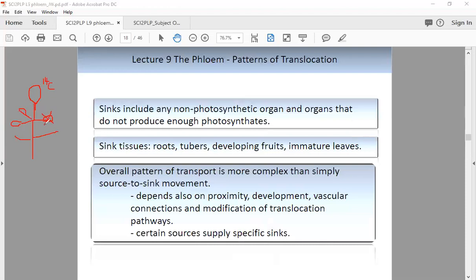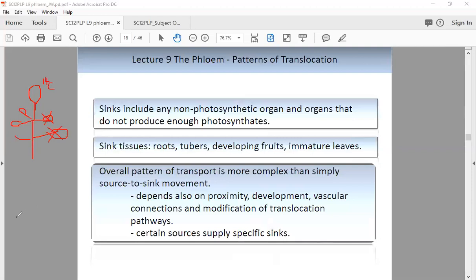So nothing was going here and nothing was going here, even though these new leaves on the other side were at the exact developmental stage of these leaves. I found that quite interesting, that it's not only proximity, but also the side of the plant that the leaf is appearing on, if that makes sense.